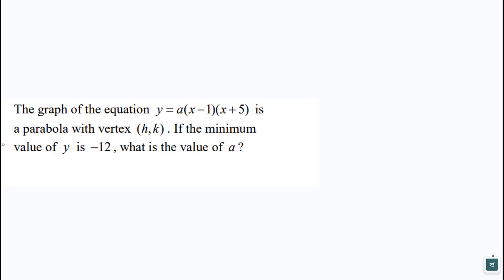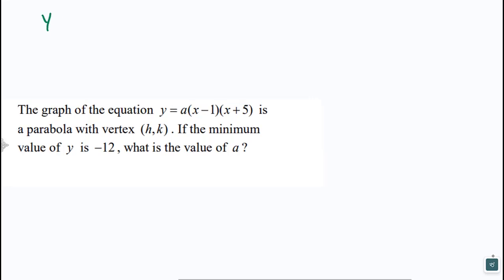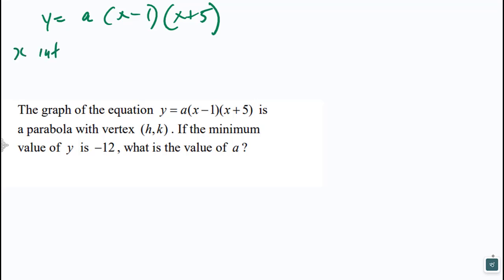Alright, so the first thing that we need to know is the intercepts. So let's start off with y = a(x - 1)(x + 5). To find my x-intercepts, I simply can make y equal to 0.